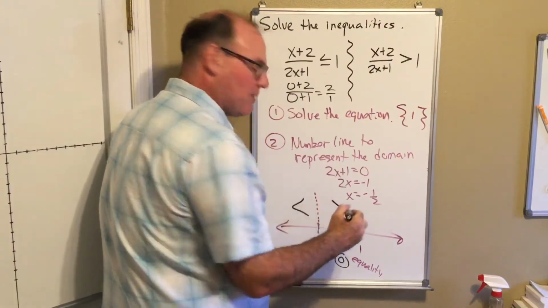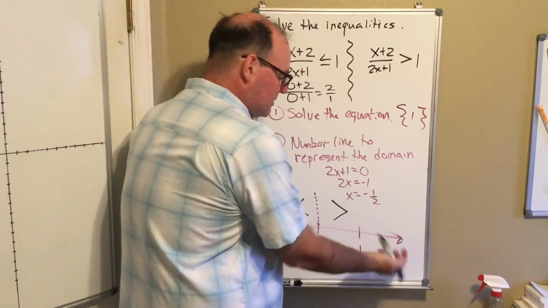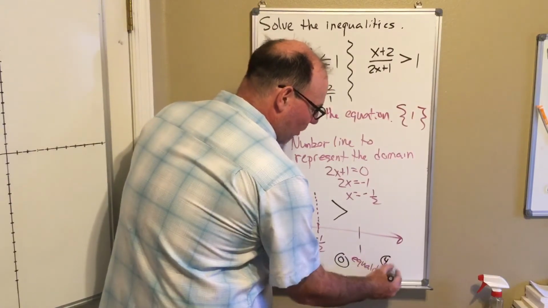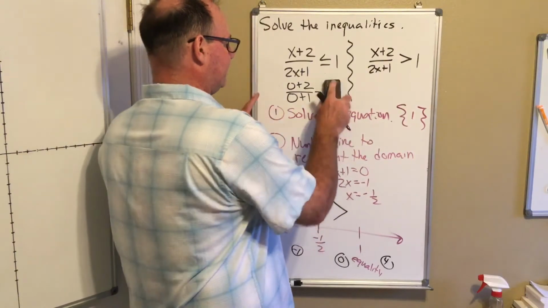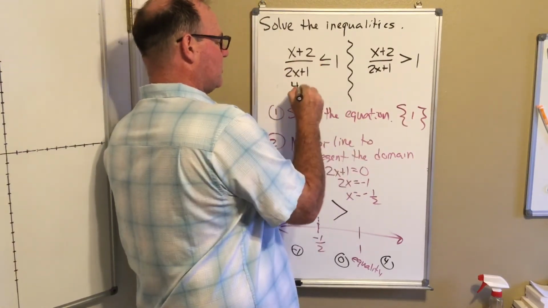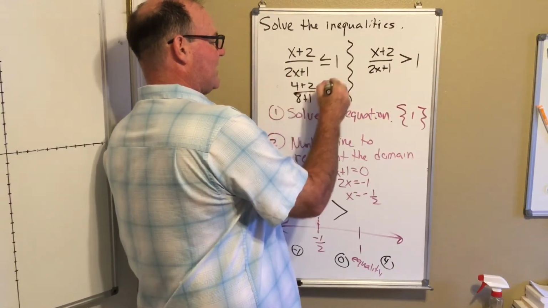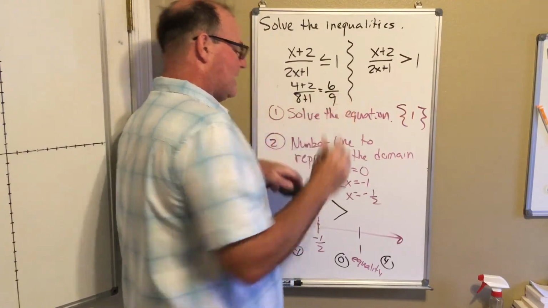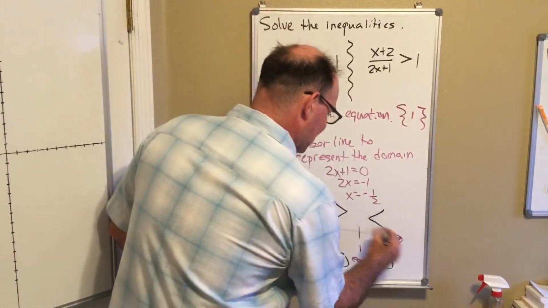So I'm going to put a greater than right there. And then I need a value in the interval 1 to infinity. So I'm going to put in something like 4. It doesn't matter. Anything that is bigger. So when I put 4 in, in the top, 4 plus 2. In the bottom, 2 times 4 is 8 plus 1, and I get 6 over 9. 6 over 9 is 2/3. 2/3 is less than 1.